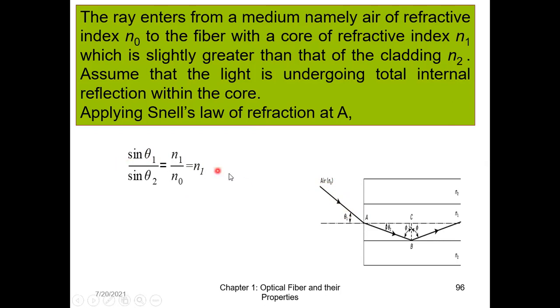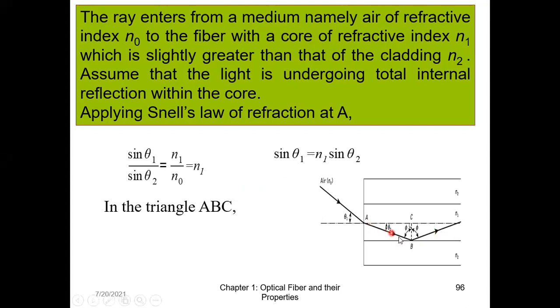So what happens with this equation is sine theta 1 is equal to N1 sine theta 2. You will get sine theta A equal to N1 sine theta 2. All of you are getting this? Yes. Only one person. Others don't want to unmute themselves.